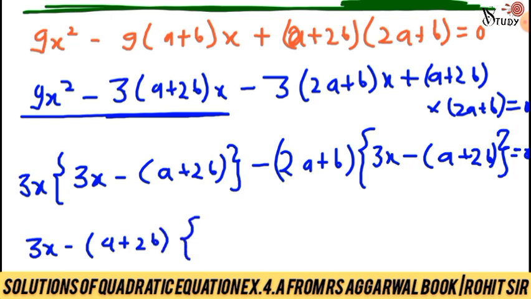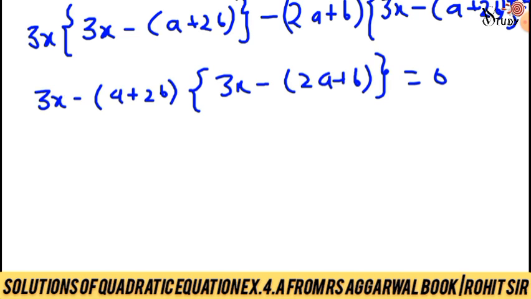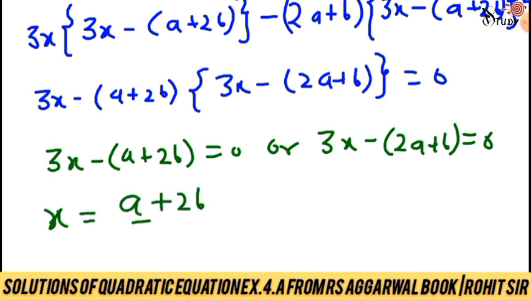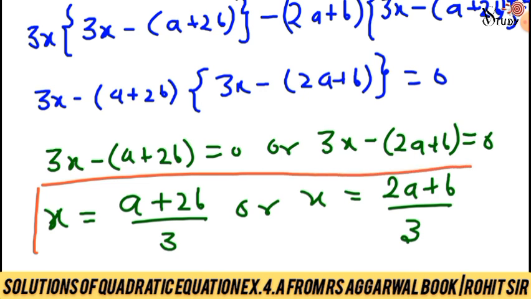Then we have 3x negative a plus 2b and 3x negative 2a plus b is equal to 0. Now put 3x negative a plus 2b is equal to 0 or 3x negative 2a plus b is equal to 0. Now after this we have x is equal to a plus 2b upon 3 or x is equal to 2a plus b upon 3, and this is the solution of this quadratic equation.